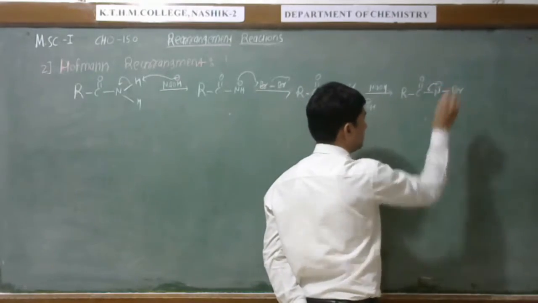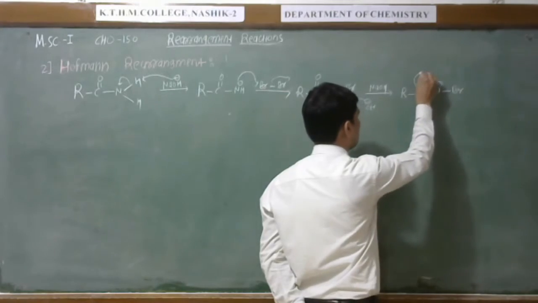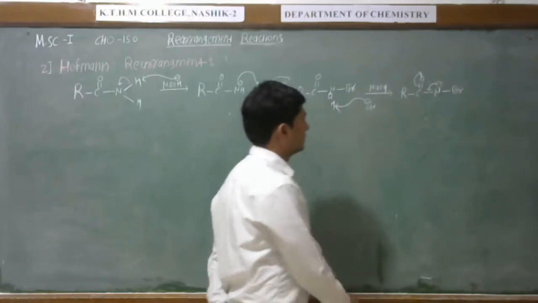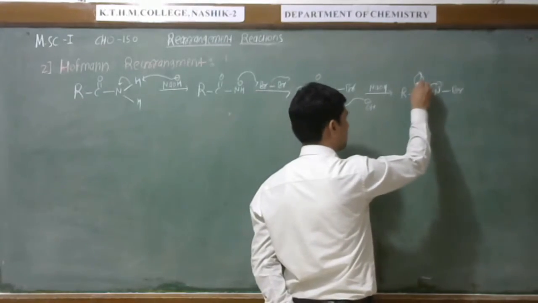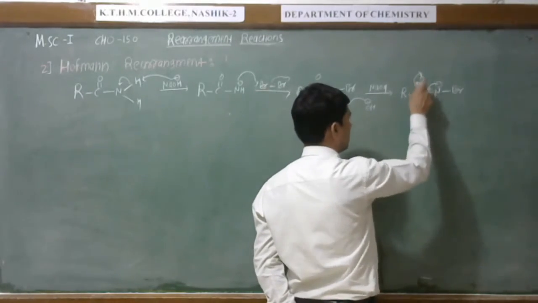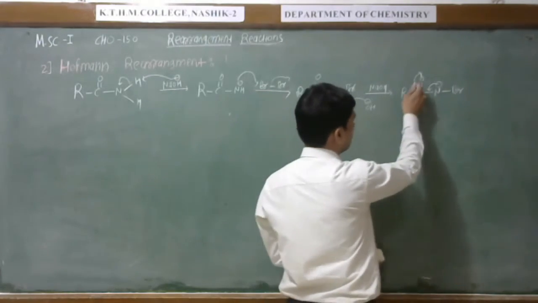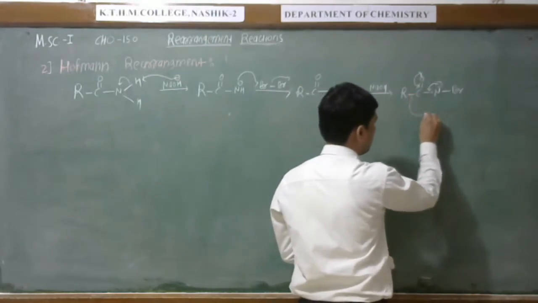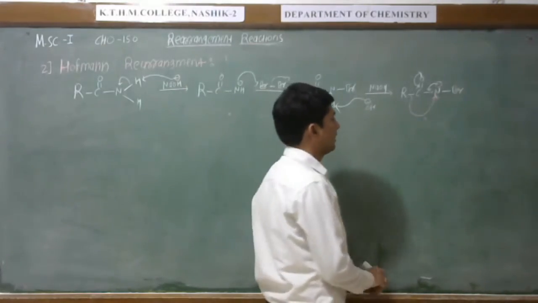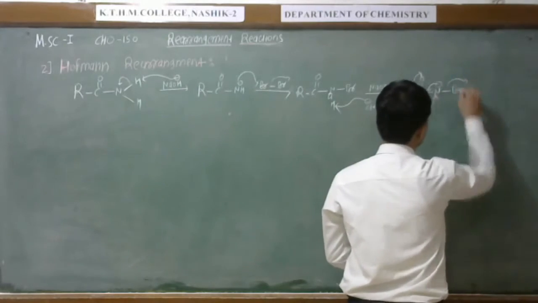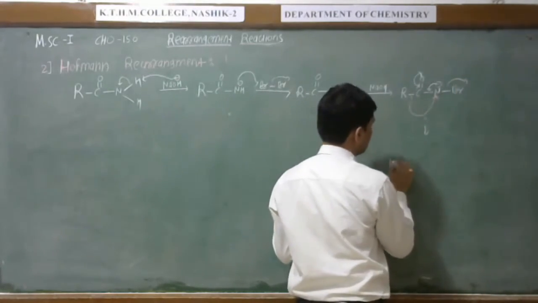This negative charge makes a double bond here. This double bond will open on oxygen, and oxygen now has a negative charge. This negative charge again makes a double bond, and by forming this double bond, the whole alkyl group will be transferred to the nitrogen, and this bromine will be removed, and we get the isocyanate intermediate.